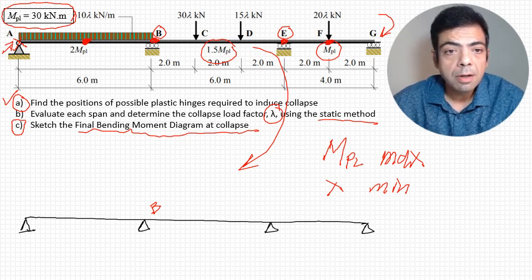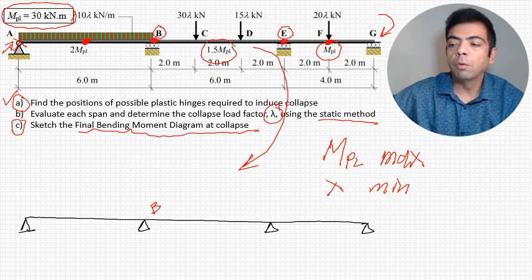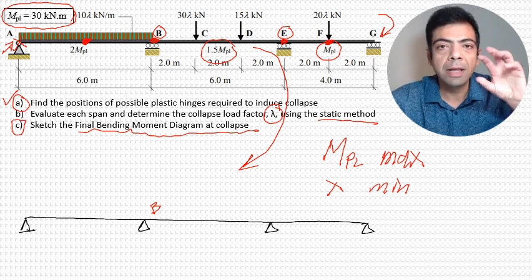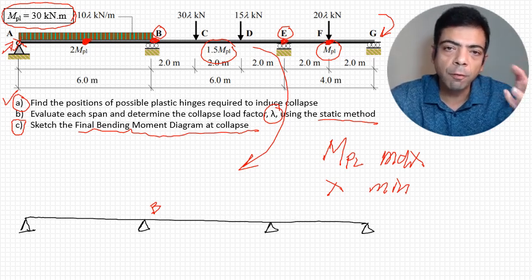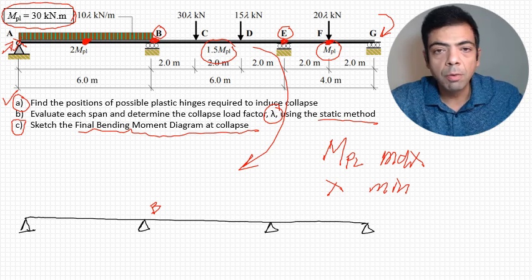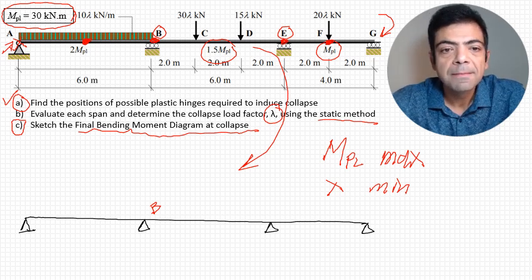We know that there's going to be a plastic hinge at B. So at collapse, when the plastic hinges are forming, what is the moment at B? Is it going to be 2 M plastic or 1.5 M plastic?